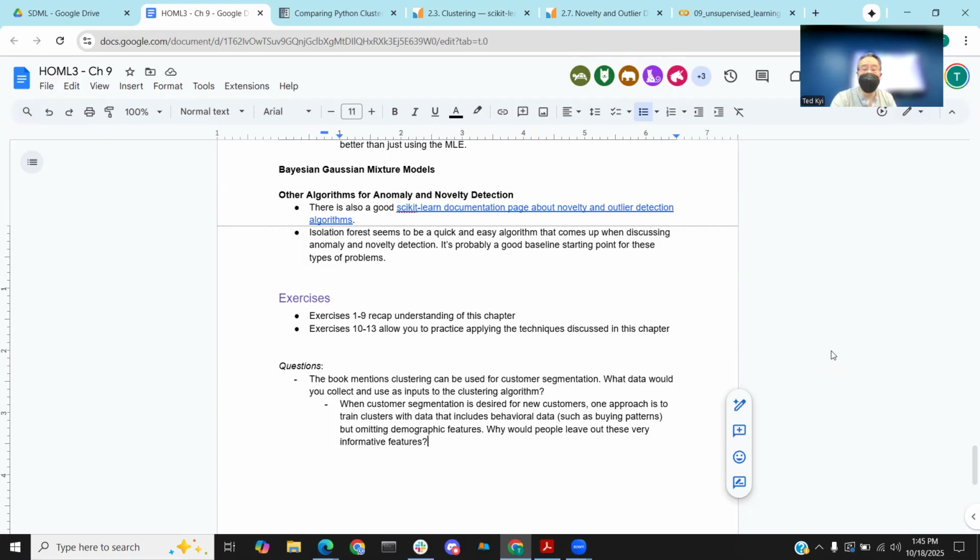So when we talk about what data you will have available at inference time, what you will have is demographic features. But we don't want the demographics to dominate our clusters because a cluster isn't really about 20-year-olds versus 40-year-olds, right?